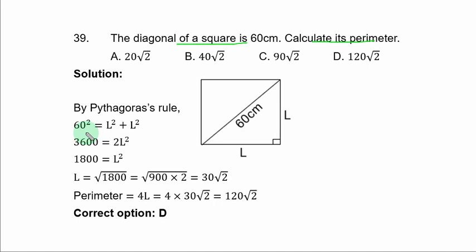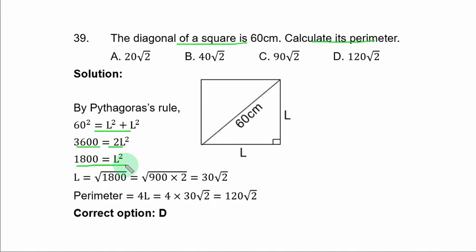So 60 squared, that is the longest side, is equal to L squared plus L squared, sum of squares on the other sides. You have 3,600 equal to 2L squared. Divide both sides by 2, 1,800 equal to L squared.